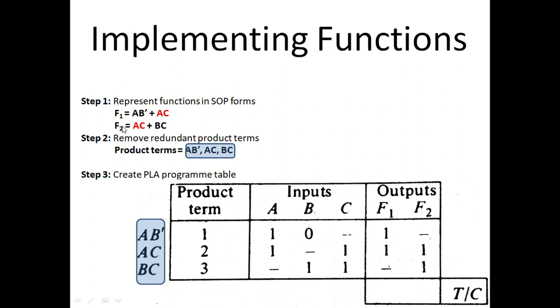We could have started with grouping zeros, and that would at the end give us F1 prime. And similarly, we could do the same for F2. So that would also be the correct approach. And of course, one may ask the question that you are implementing F1 and F2 and not F1 prime and F2 prime.